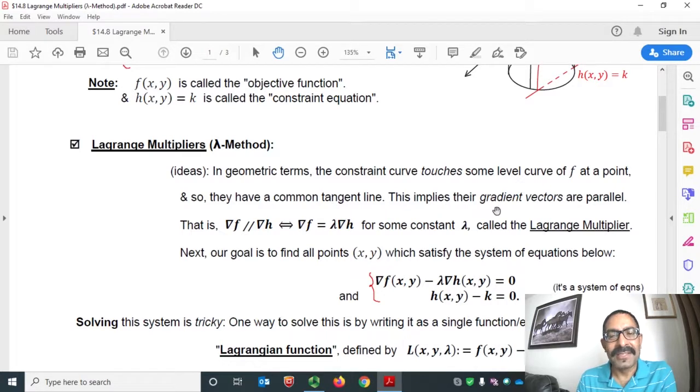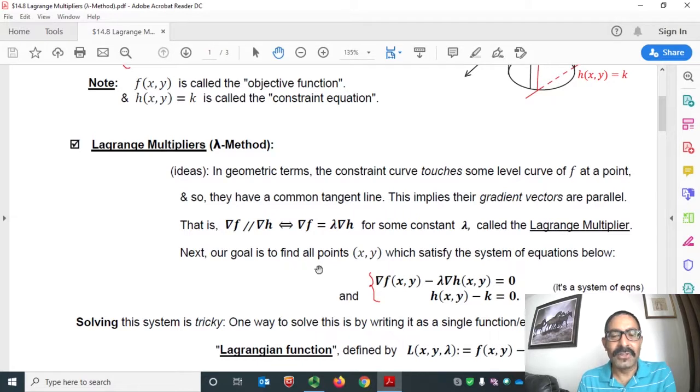This implies their gradient vectors are parallel, and we know two vectors are parallel if and only if one vector equals a constant times the other vector. So gradient f is parallel to gradient h, which implies gradient f equals some constant times gradient h. We pick that constant as lambda, and that lambda is called the Lagrange multiplier.